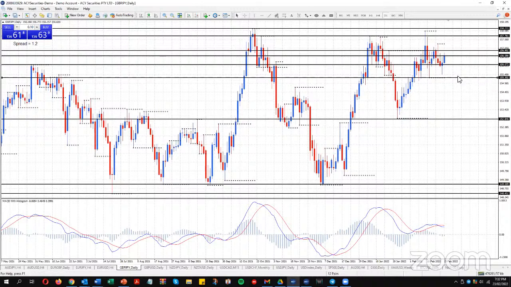So what you're going to see is that we are kind of consolidating in an area of resistance, really. I'll just get rid of that daily support level so we have one less line. We're in an area of resistance at the moment, okay?